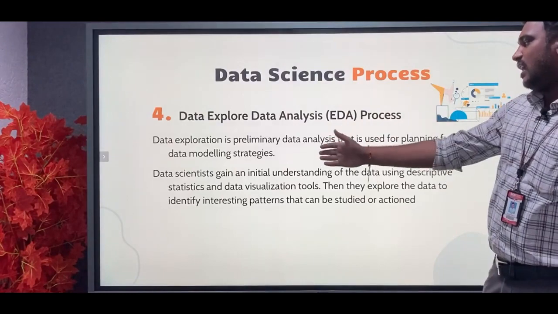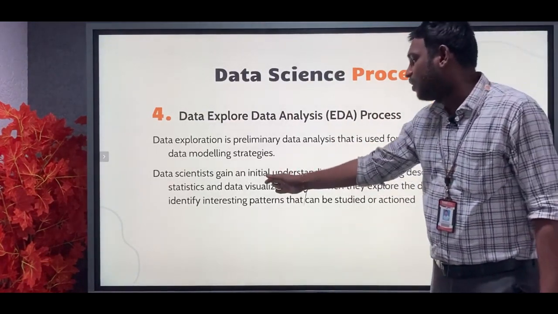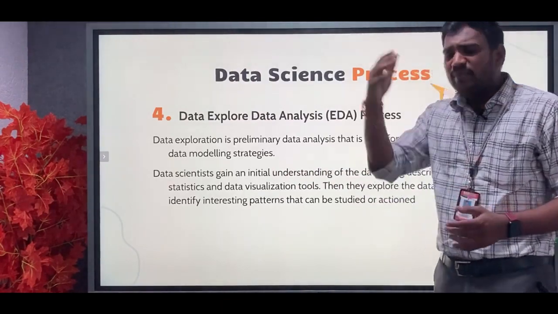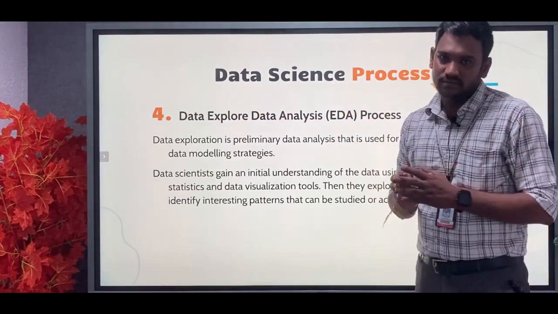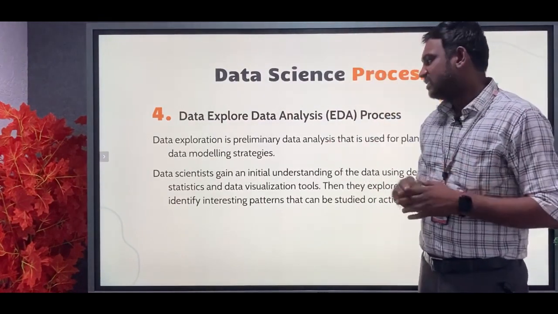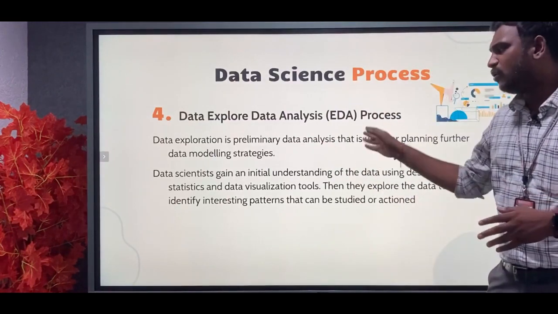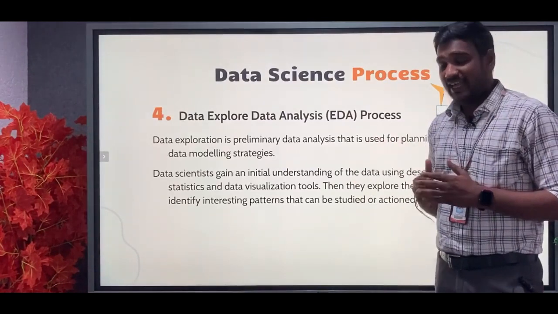Next, data scientists gain an initial understanding of the data using descriptive and statistical data visualization. Sometimes data scientists may apply a bar chart or graph to see the result analysis. That may help them see what data is required for further analysis.